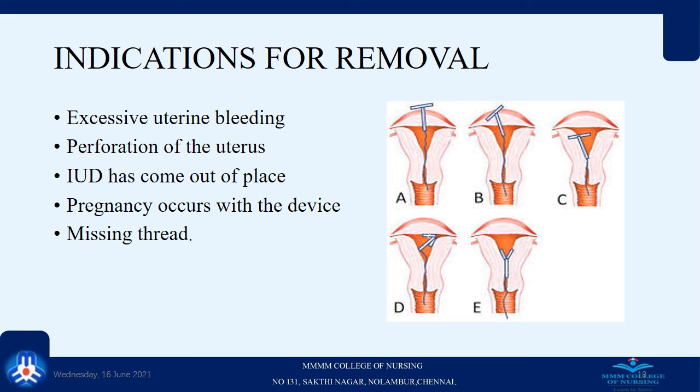In those cases it is indicated. Then if pregnancy occurs with the device in place, we have to remove the copper T. Then in case of missing thread also. So these are some of the indications for removal of intrauterine devices.